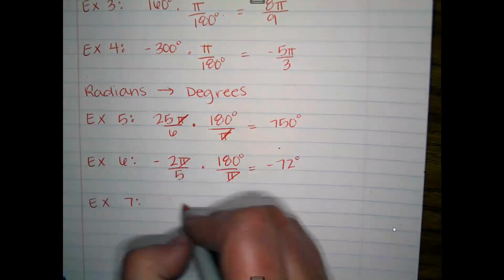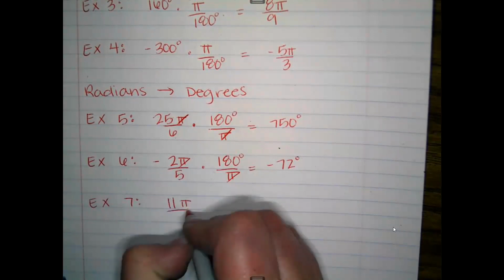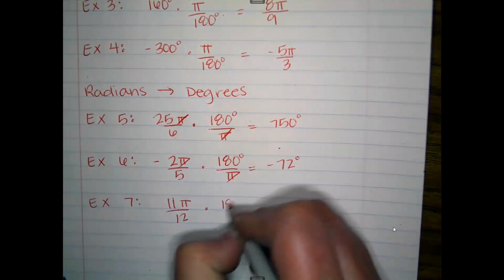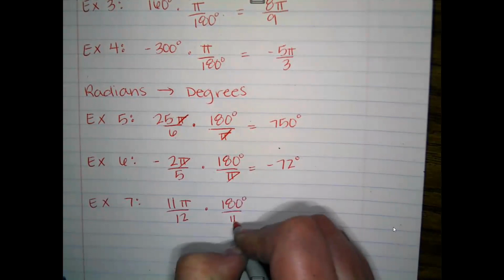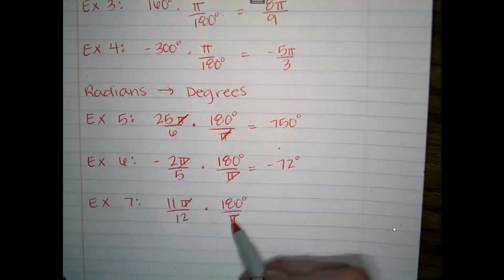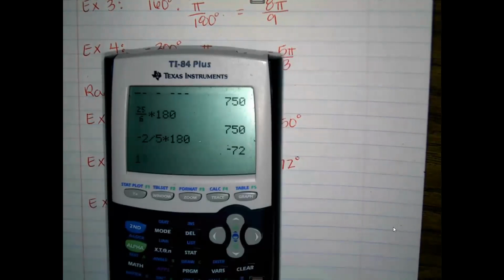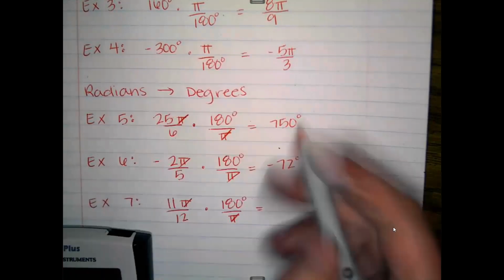Or let's say I'm doing 11 pi twelfths. I'd multiply that by 180 degrees over pi. My pi's cancel. And I'm going to type in 11 twelfths times 180. And I get 165 degrees.